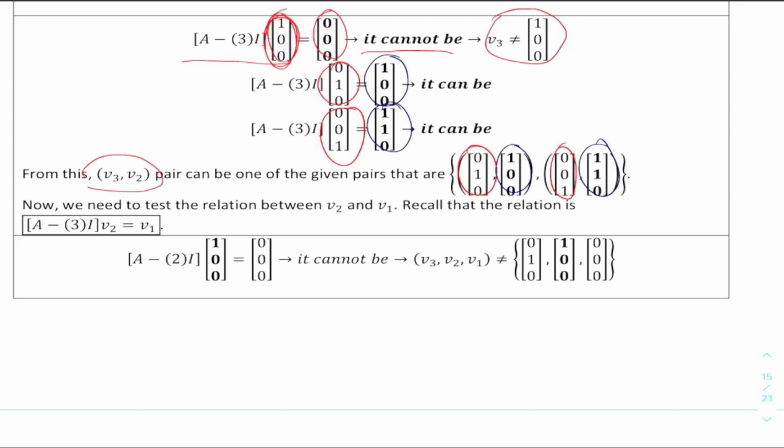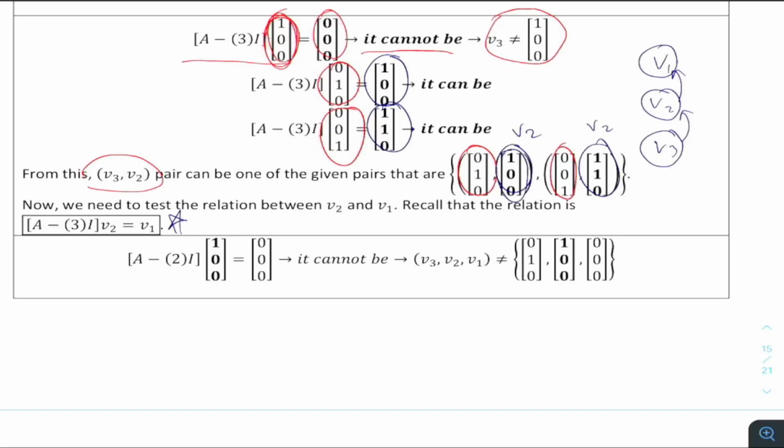And now that we have v3 and v2, we will focus on the computation of v1. What was the relationship between v1 and v2? This is it. So since we have two candidate v2 vectors, we will test them.